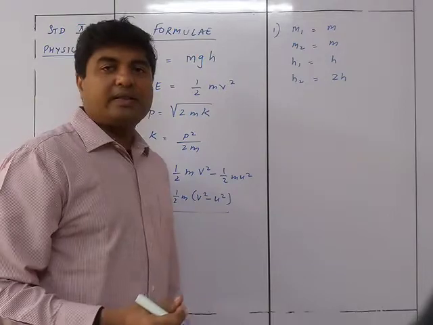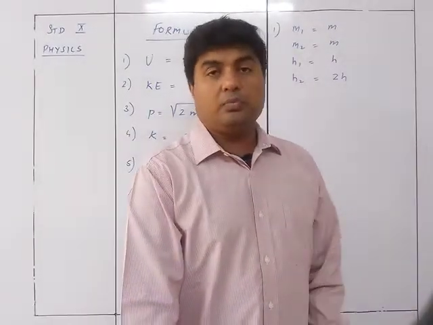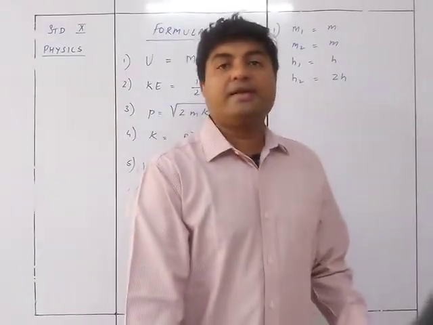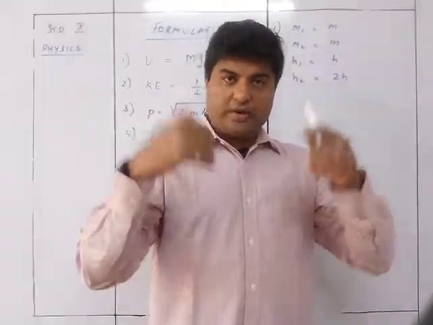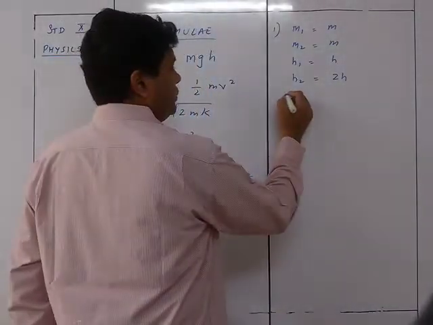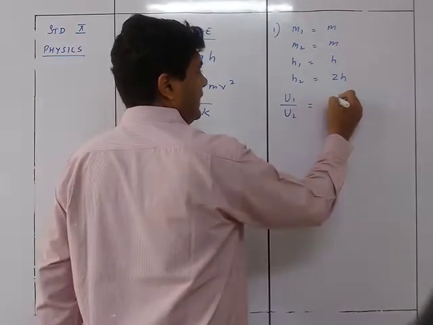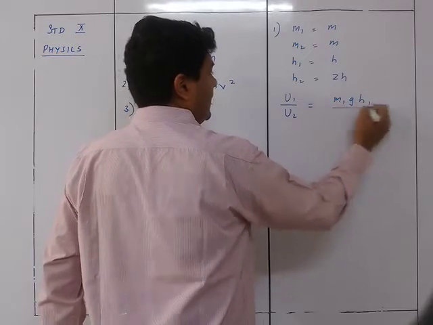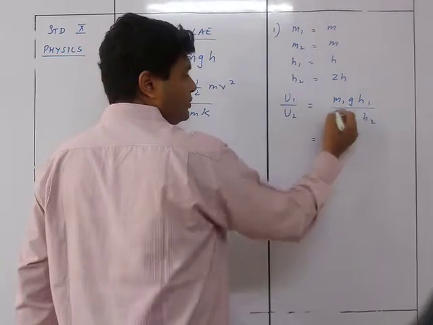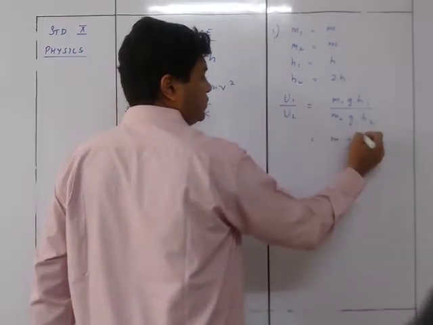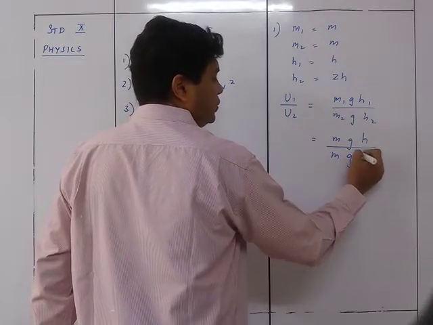Whenever they have given you a question to compare kinetic energy or potential energy, it is always better to take the formula as a ratio itself. So you will have U1 upon U2, because U is the potential energy, is equal to m1 g h1 upon m2 g h2, wherein you now put the values. m1 is m, g is g, h1 is h, over m, g and 2h.